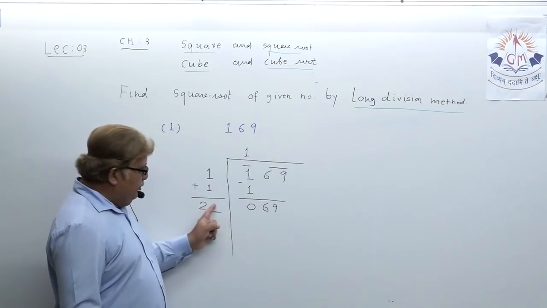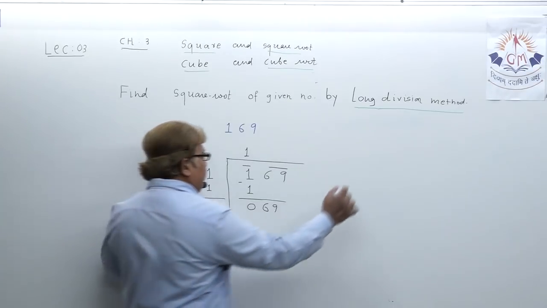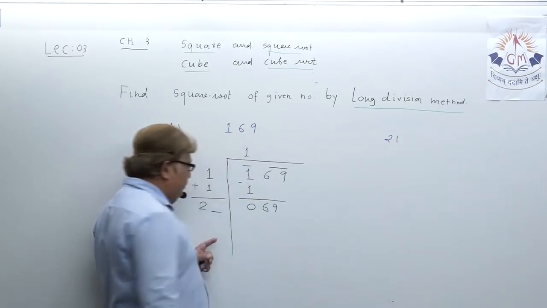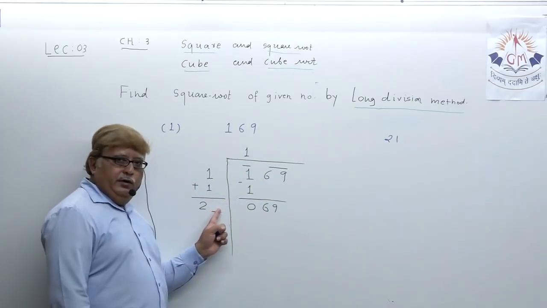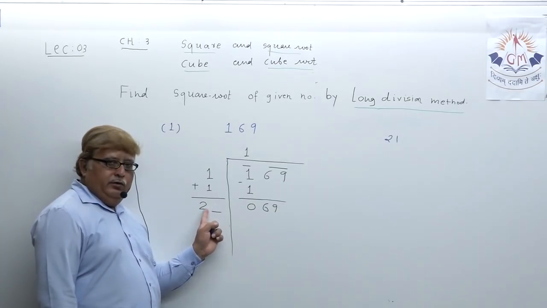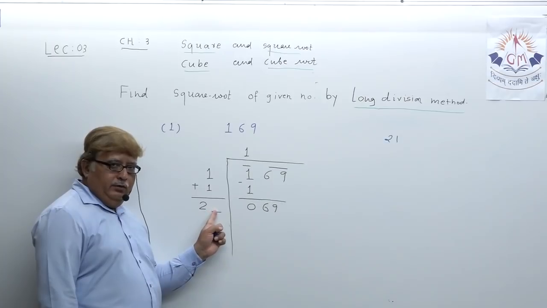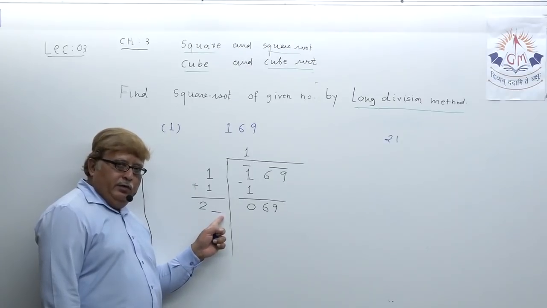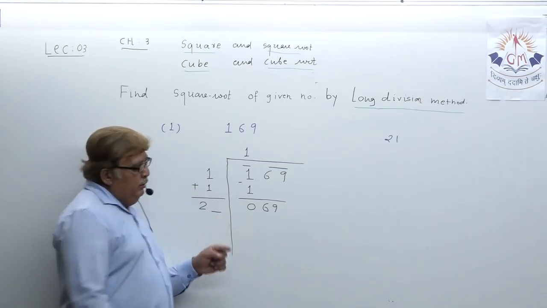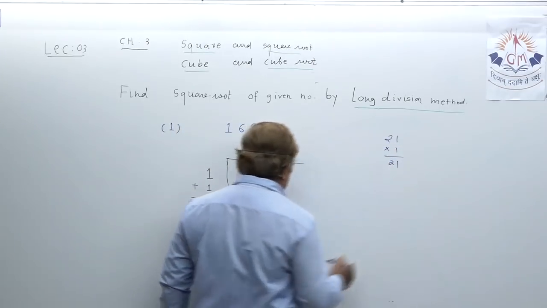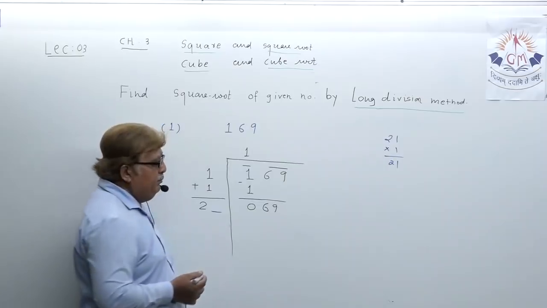Catch. Suppose I think of 1. So what does this number become? 21. You understood this? Suppose I take 1 in the units place, the number becomes 21. So I have to multiply 21 by the same units digit, 1. So 21 1 ja, it comes 21, but we want 69.